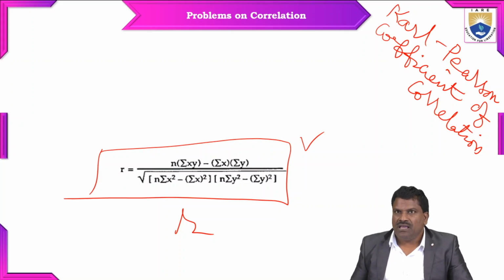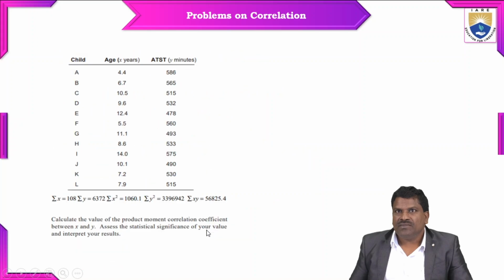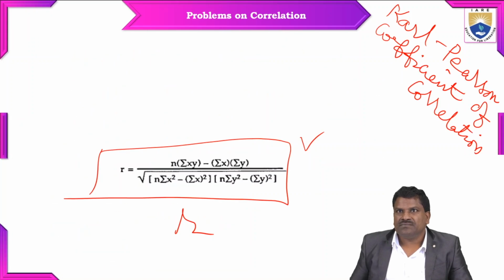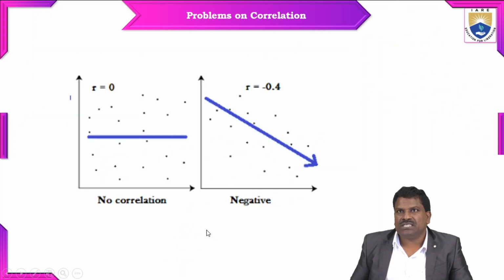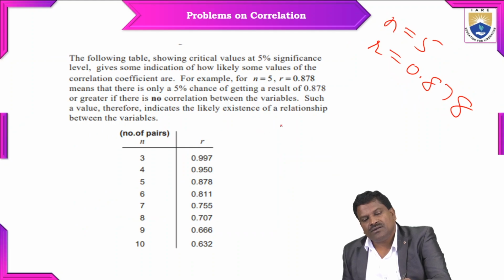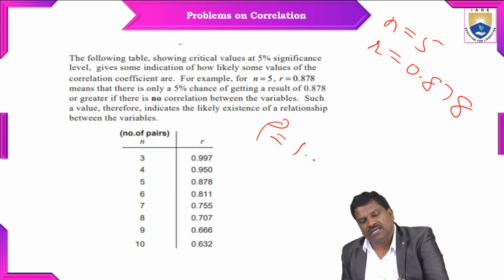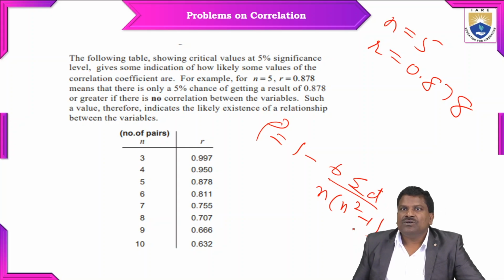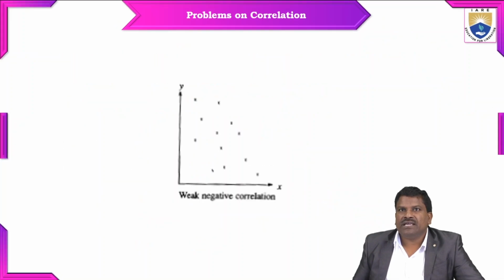Same like that, we can find the rank correlation using the null hypothesis and using Spearman's rank correlation, that is, rho is equal to 1 minus 6 sigma d square by n into n square minus 1.